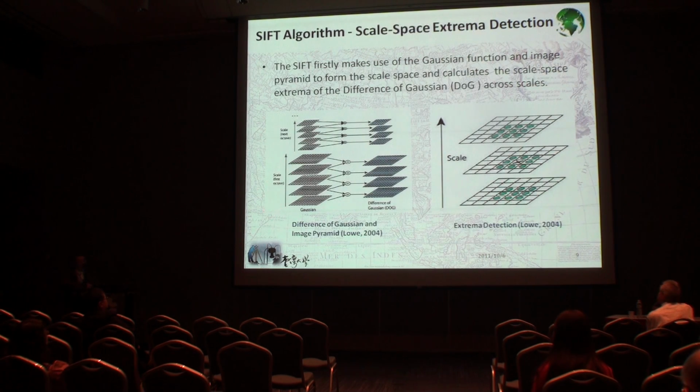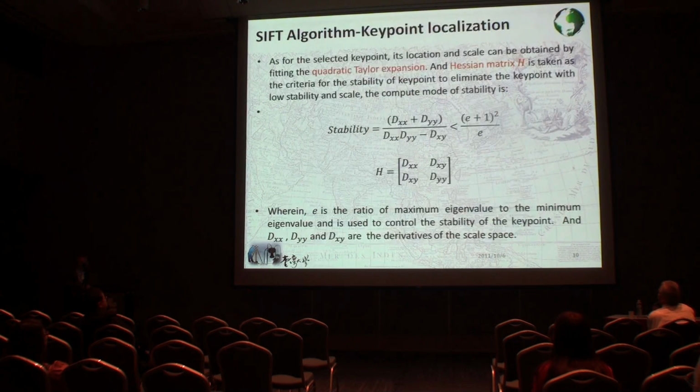So this is a simple description of the SIFT algorithm. Firstly, you use the Gaussian filtering to get the DOG, the difference of Gaussian, and the image pyramid, and then you calculate the extrema in the scale space. Then for the key points localization, we use the index named stability to determine the strength of the key point.